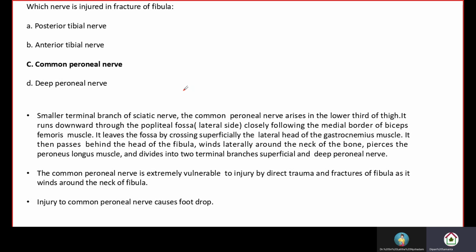Whichever way the fibula is fractured, there is a high probability that common peroneal nerve will be injured. Another thing, the manifestation of common peroneal nerve injury will be foot drop.